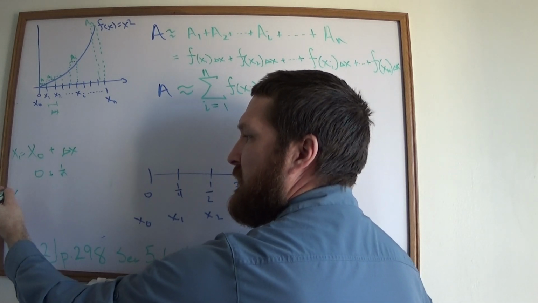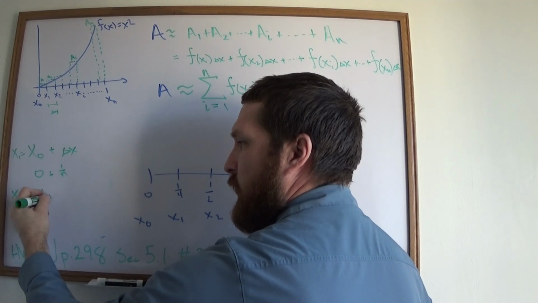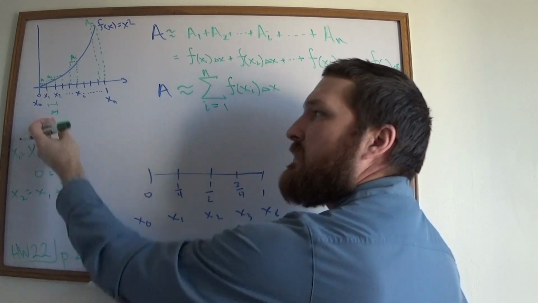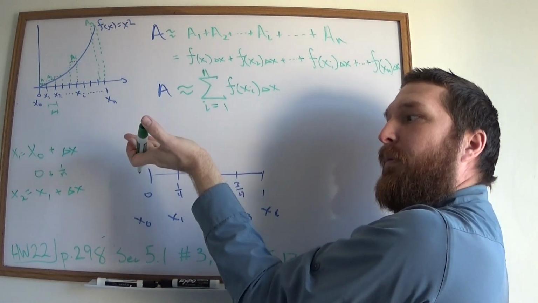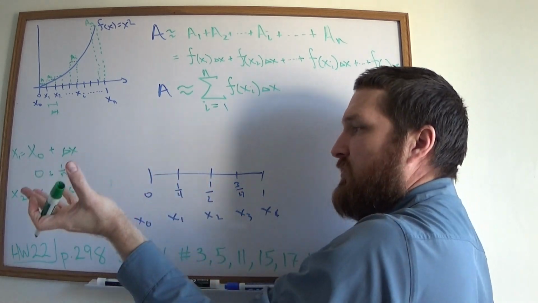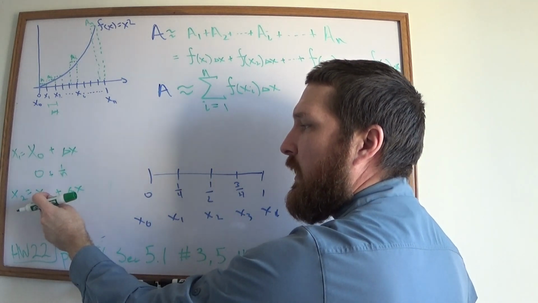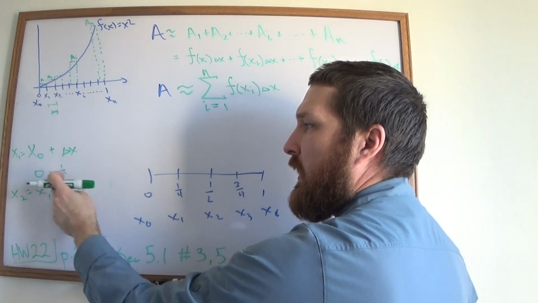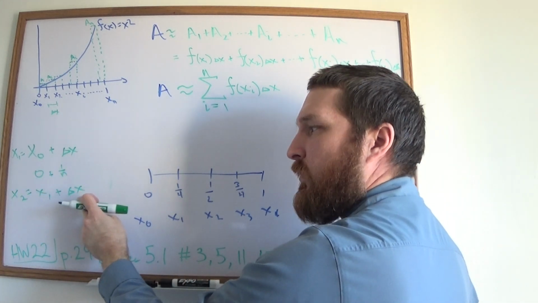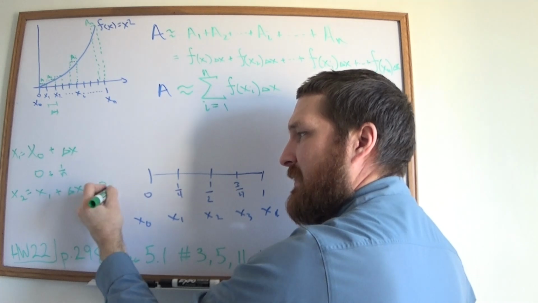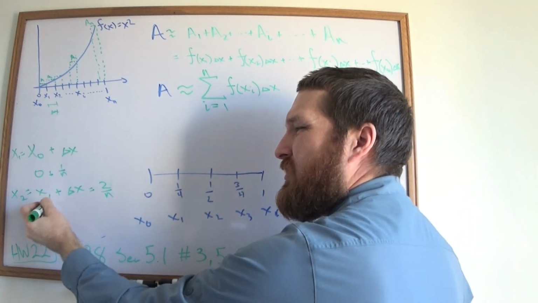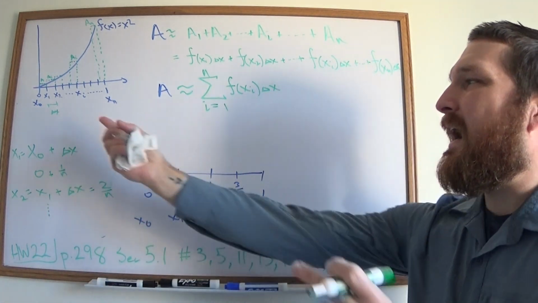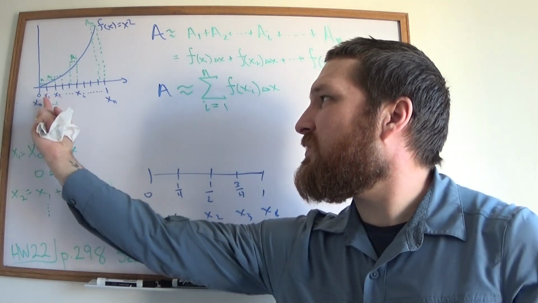What is x2? Well, you go to x1 and you add on a delta x. That's how you step over one bit. You just do that again. But x1 was 1 over n, plus another 1 over n. That's the same thing as 2 over n. In general, how many steps have you gone over?